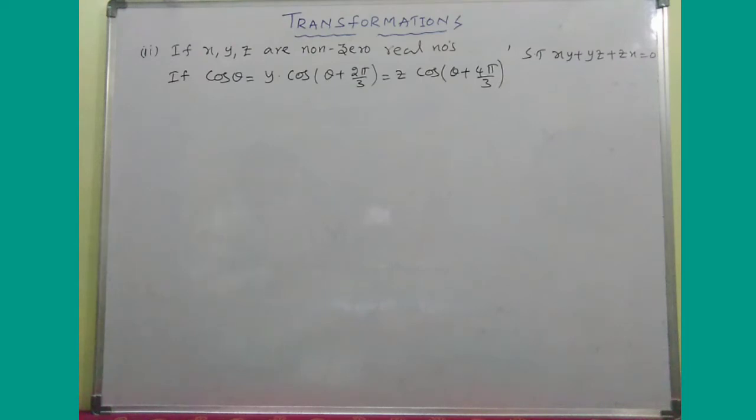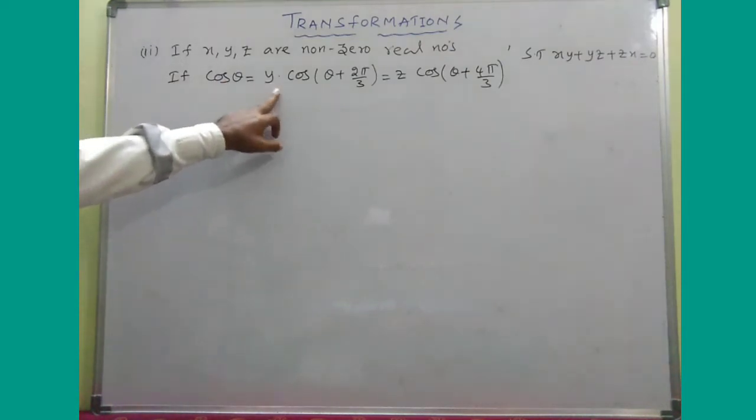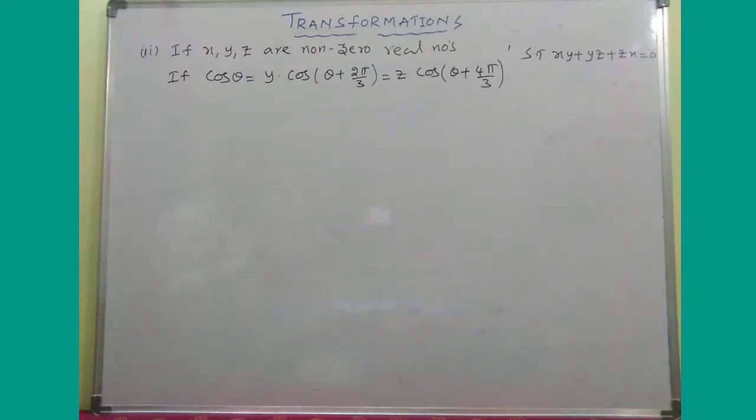Look at this beautiful question, ma. If x, y, z are non-zero real numbers, and moreover if x cos theta is equal to y into cos of theta plus 2 pi by 3, that is equal to z into cos of theta plus 4 pi by 3, then we need to show that xy plus yz plus zx is equal to 0.